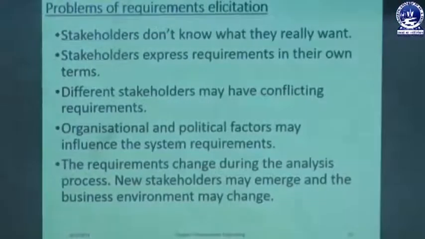For that system there may be a set of end users, and if each individual end user asks us, one of them is asking for CGPA and another is asking for percentage, this is very difficult for a software developer. So if the stakeholders have conflicting requirements, this is a problem for the software developer in developing that software.